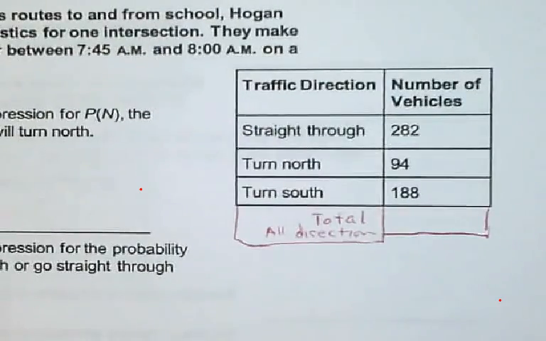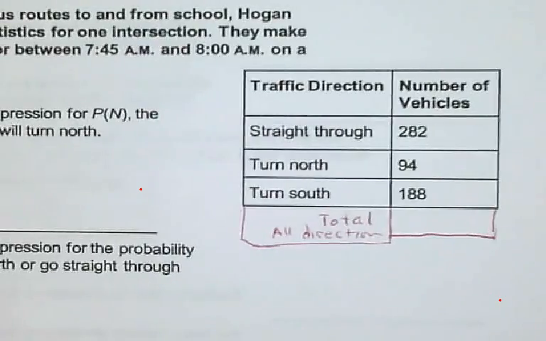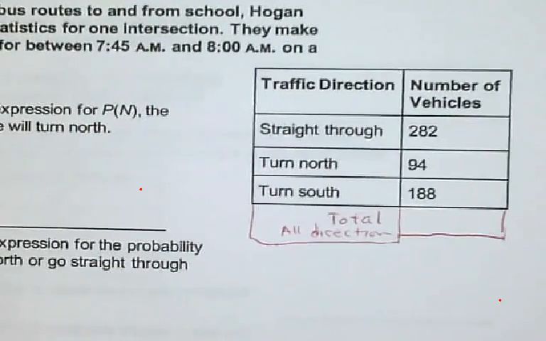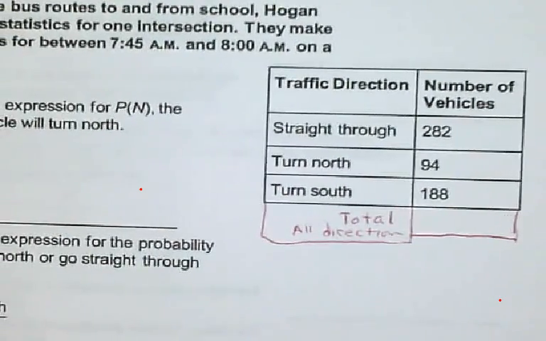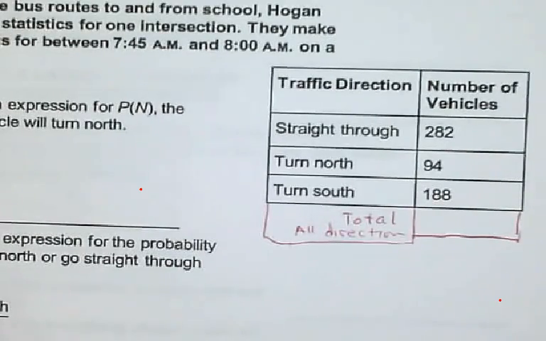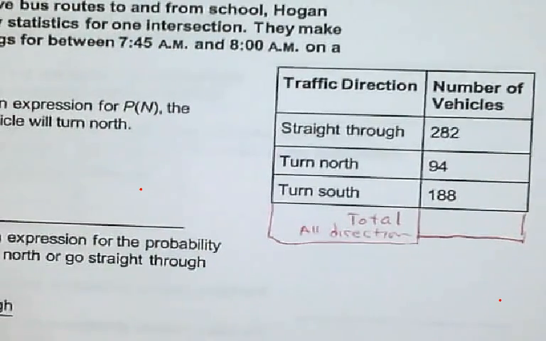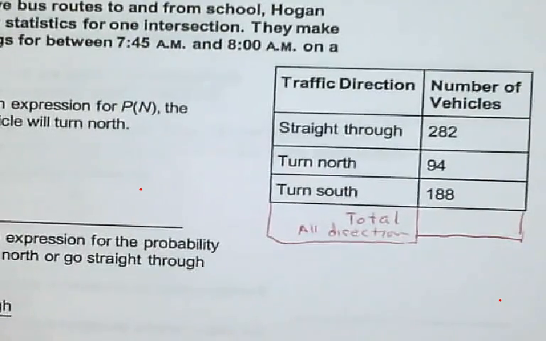Now we know what we want goes on top, everything goes on the bottom, so let's look over here. What's the probability that it actually turned north? So before we can do anything, we have to add all these numbers together. 282 plus 94 plus 188. That's the first step. I have to add those together. What is that? You add it, I'll add it.